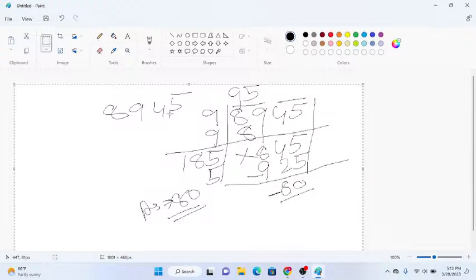For type number 4, this is also a very important type of question. So let us see first. So this is type number 4.